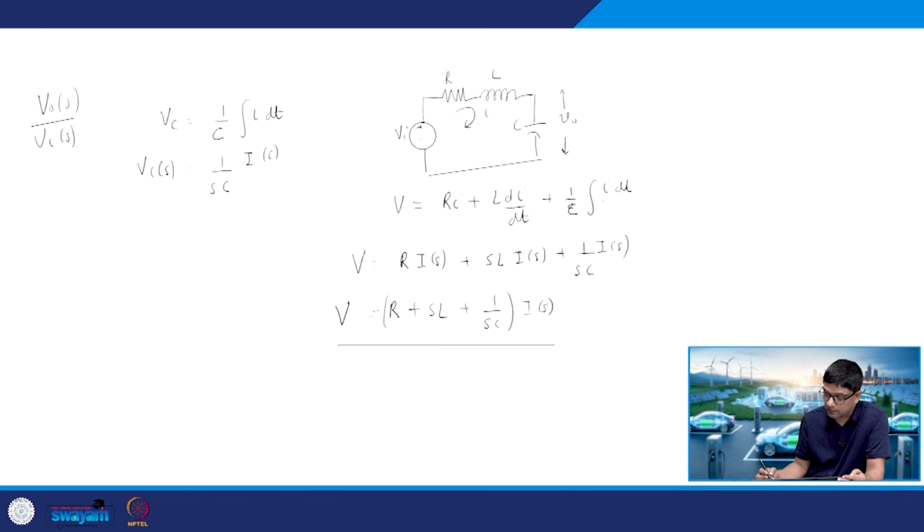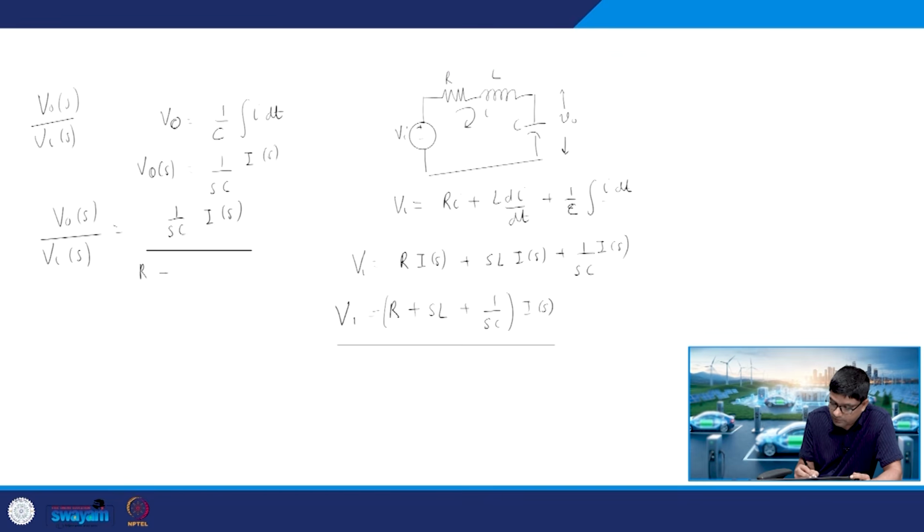What I am interested in now is to find out Vo, or Vc, which is the same thing. Vo of S by Vi of S: the numerator is 1 over SC times I of S, that comes from here, and Vi of S is R plus SL plus 1 over SC times I of S. So, I am just left with 1 over SC over R plus SL plus 1 over SC.